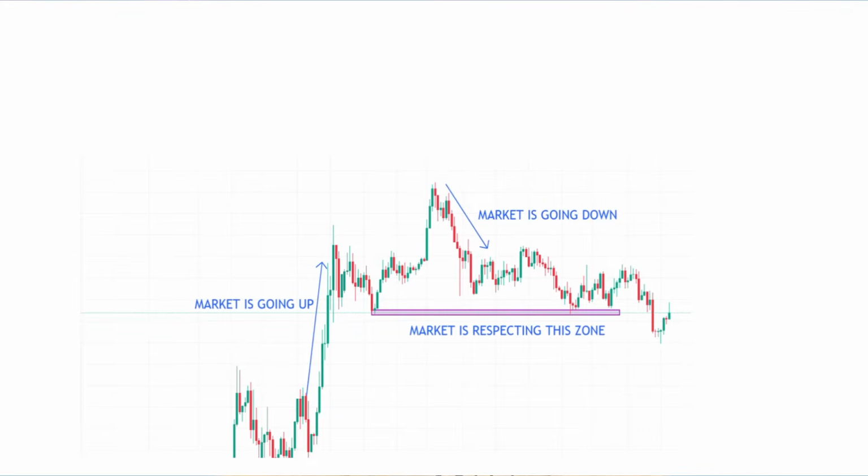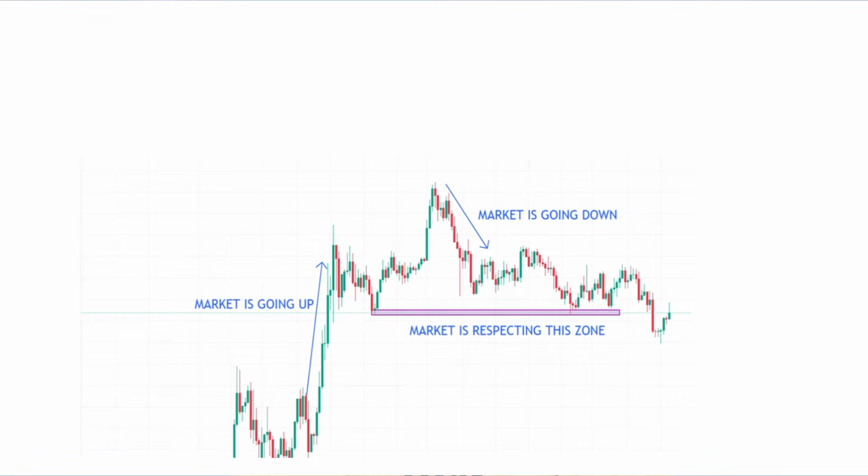But as you can see there, it shows that there is a specific zone that the market was respecting for a certain period of time, right? You can see that this zone was first tried before the market started showing on that arrow that says the market is going down.